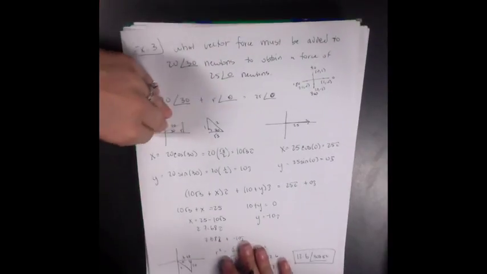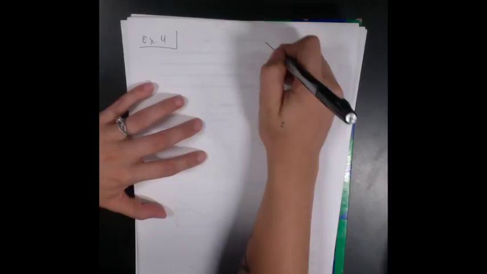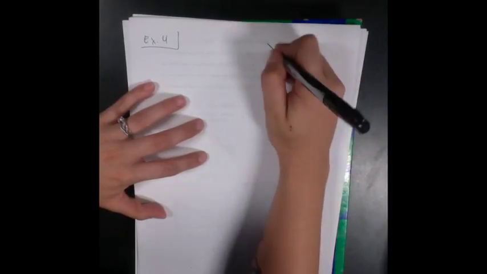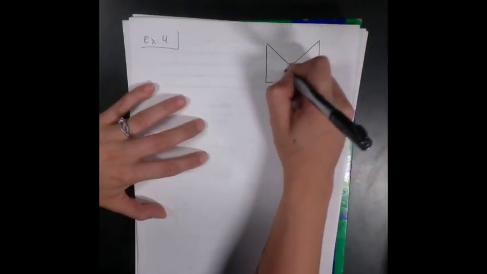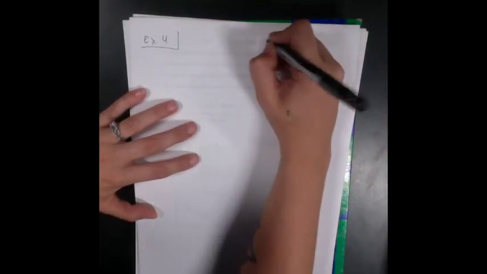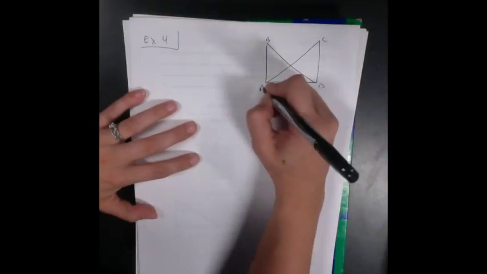All right, let's do a proof. It's a new type of triangle we're going to see. Okay, it's called overlapping triangles. So if we have this triangle and this triangle, I know we're having some trouble with proofs, so I want to help.